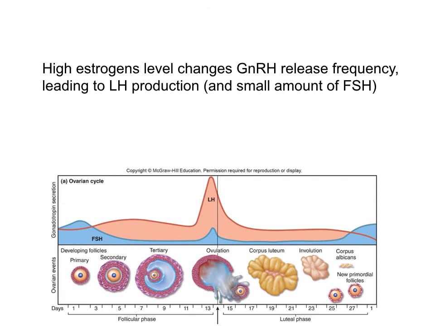And this different release frequency causes the anterior lobe to produce primarily luteinizing hormone. There is a small amount of FSH being produced, but primarily luteinizing hormone.